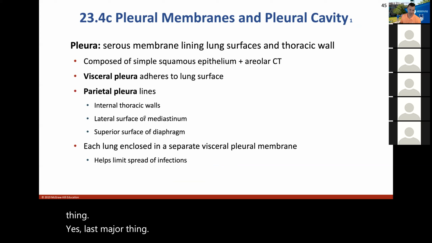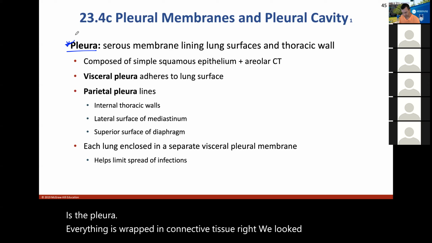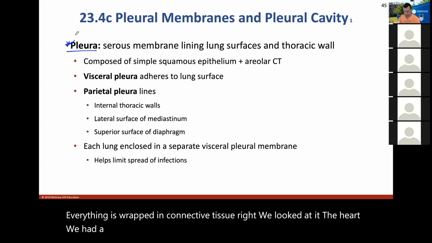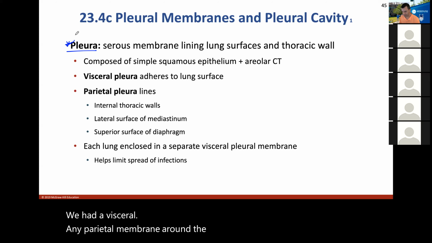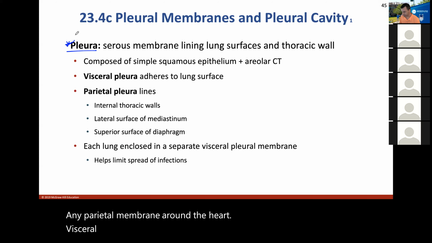Associated with anatomy is the pleura. Everything is wrapped in connective tissue, right? We looked at the heart. We had a visceral and a parietal membrane around the heart. Visceral pericardium, parietal pericardium, right? We have a pleural membrane around the lungs as well.